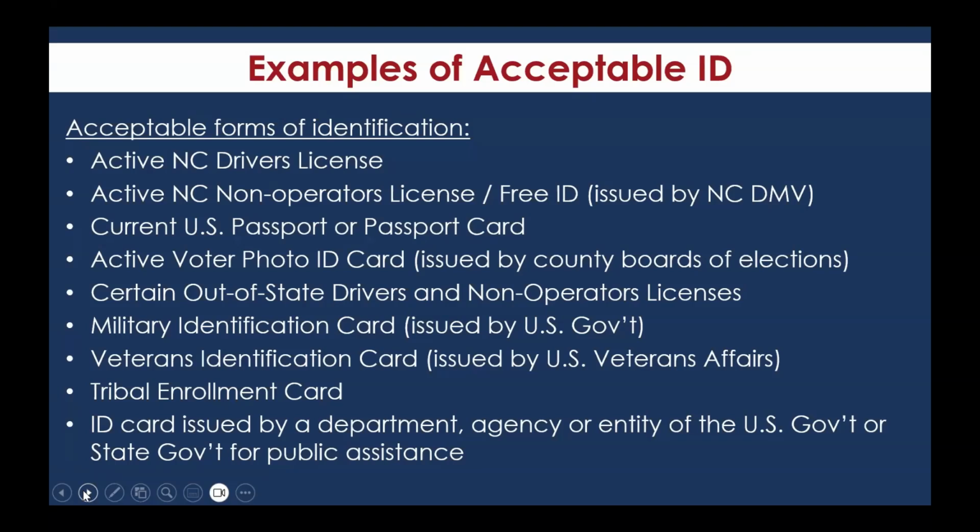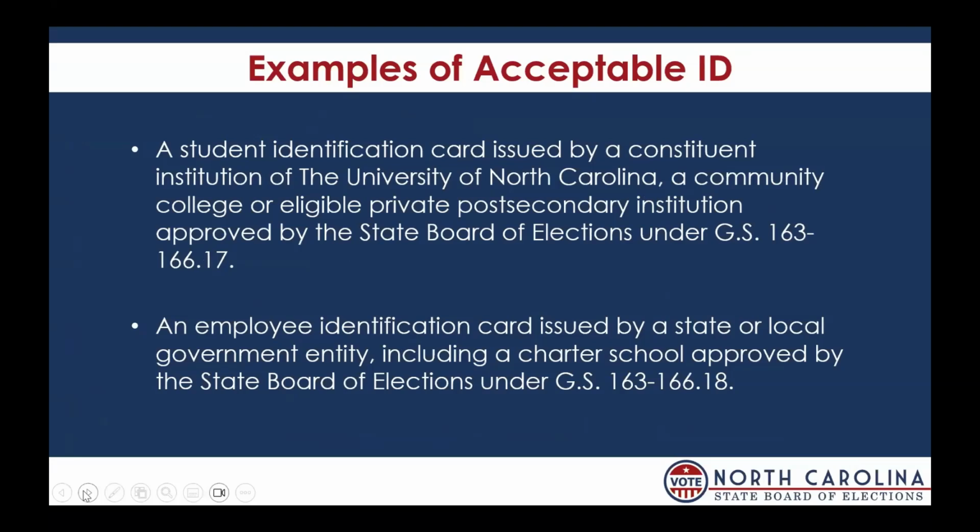And then also an ID card issued by a department, agency, or government entity for public assistance. And then, of course, what we're going to talk about today is specifically the student and employee IDs that are authorized under 163-166.17 and 163-166.18.